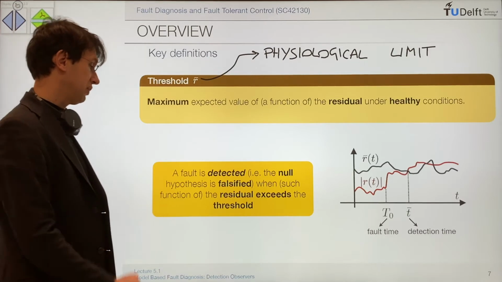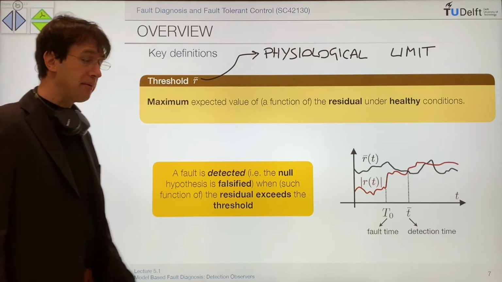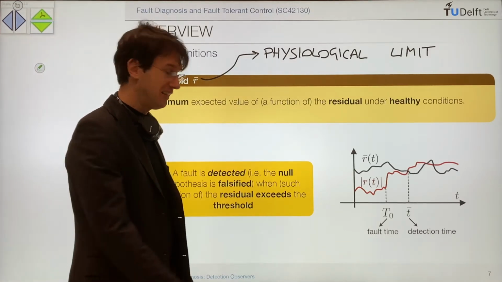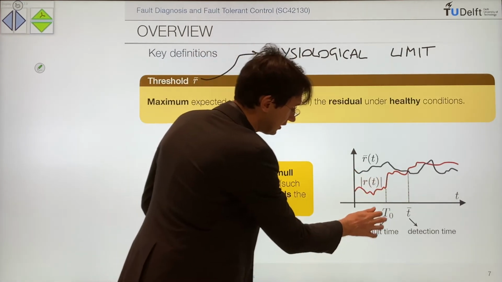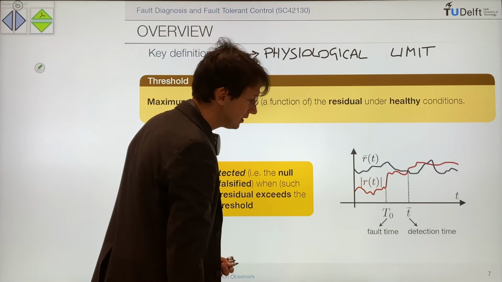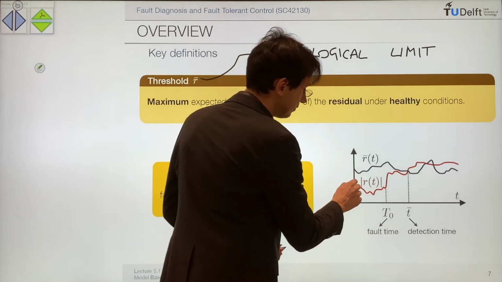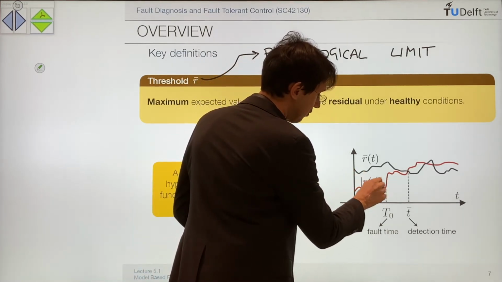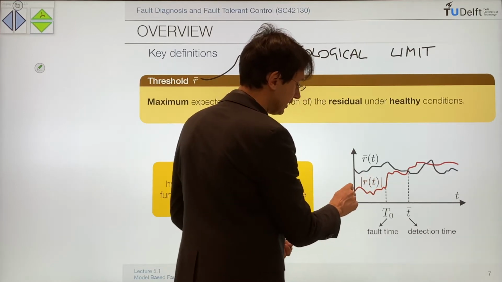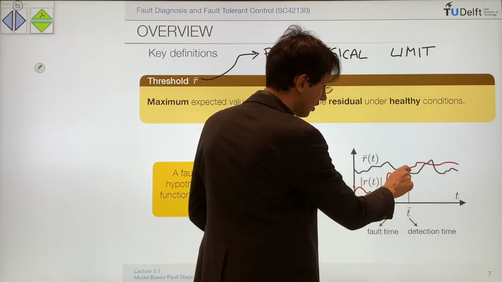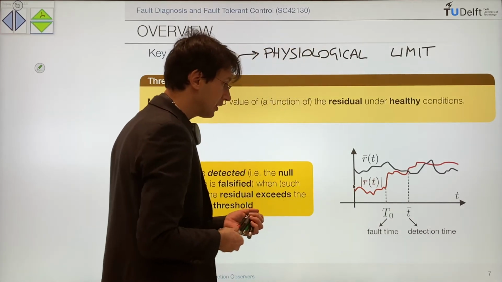and then we detect a fault. What happens, hopefully, when you apply this, and you have a fault at some time, is that your residual, or a function of it, in this case the absolute value, will cross the threshold here.